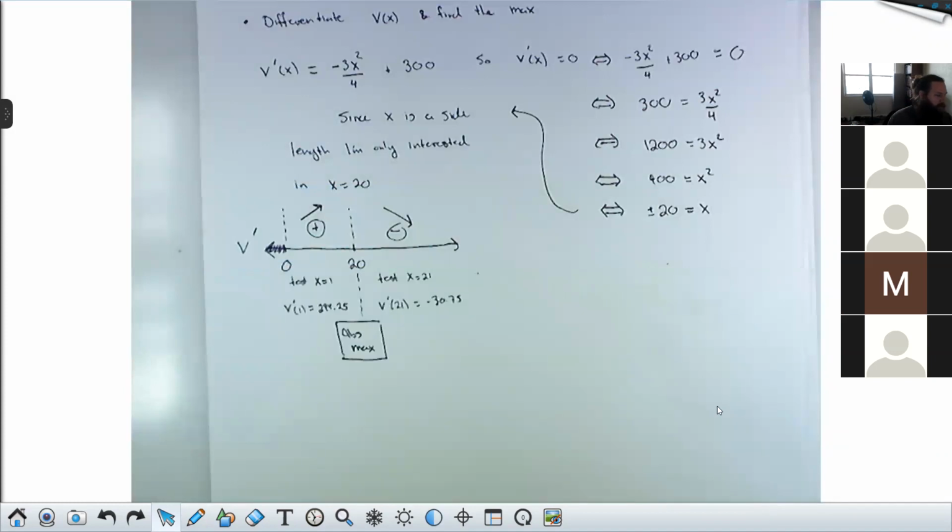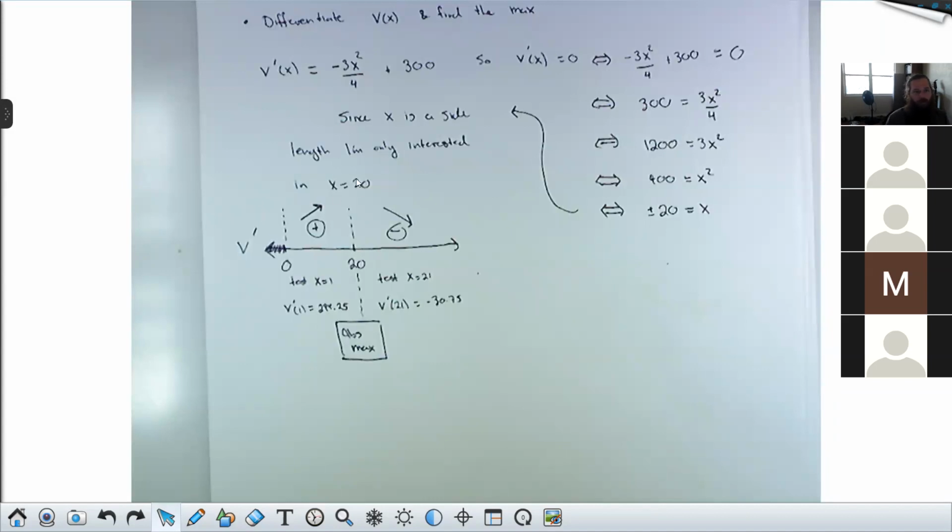Whereas what you're talking about is sort of a brute force method, where you're finding the max just by comparing the function's value at the point you think is the max to the function's value at some other points. And that's not really rigorous. It's kind of what a computer would do.